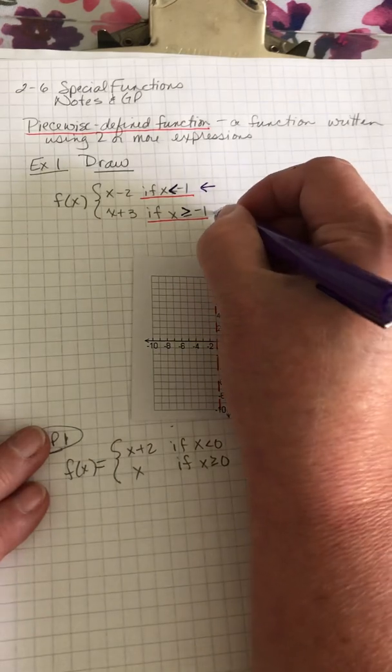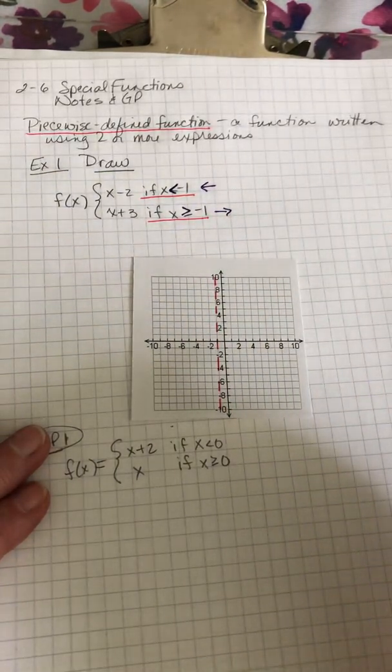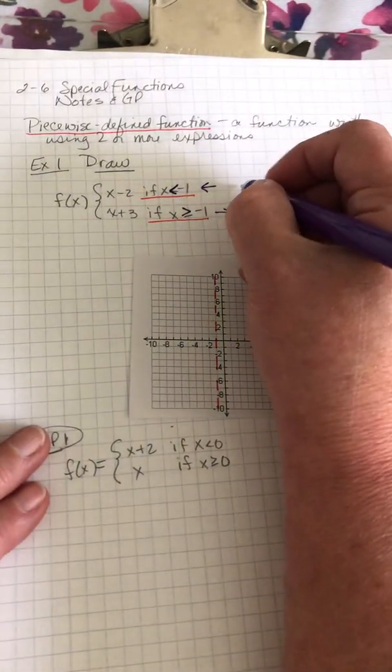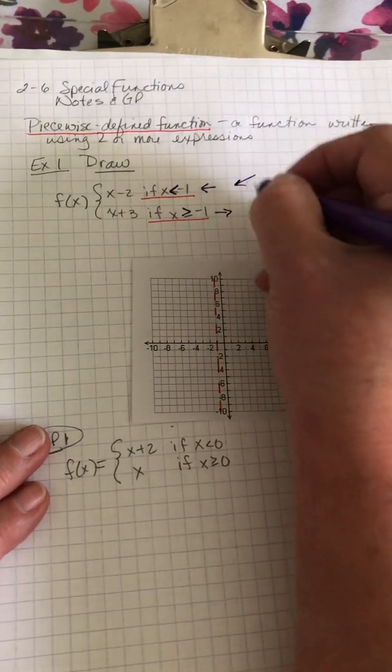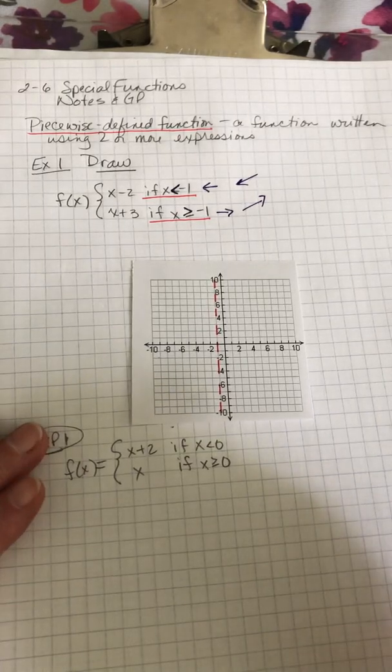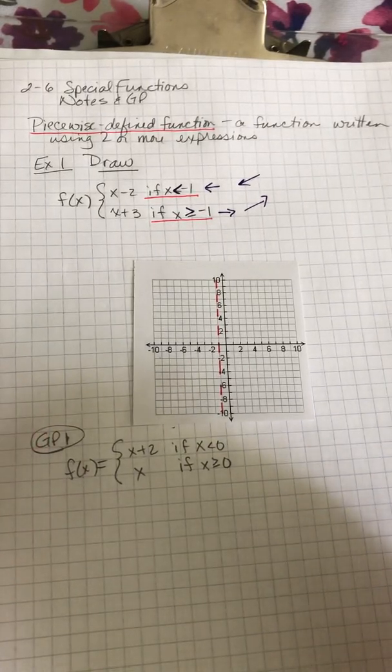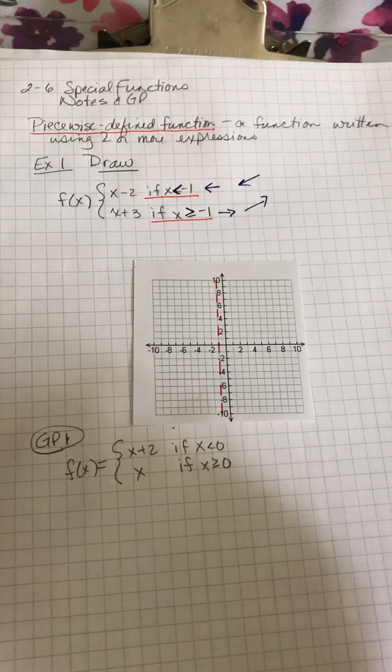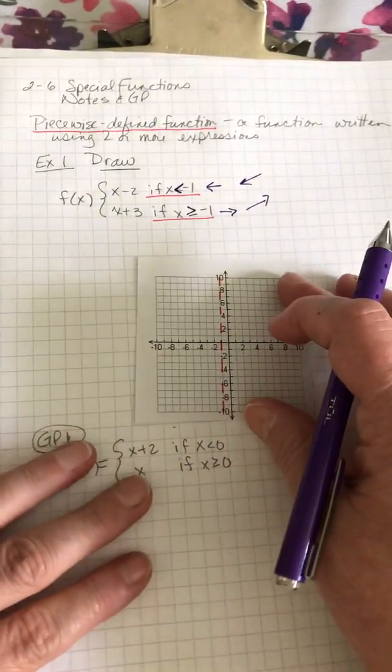This inequality says this one's going to go to the right. So this line is going to go some way like this, and this one some way like this. So I know some directionality of my lines, but it's all based around that -1.